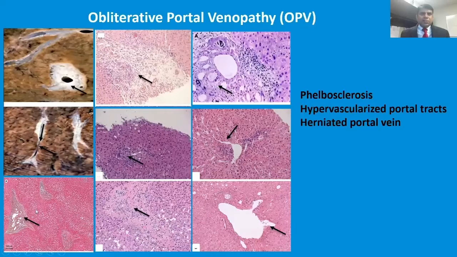In histology sections here, small and medium portal tracts are sclerotic. As you can see here, increased connective tissue around portal veins and later absence of portal veins in histology section.